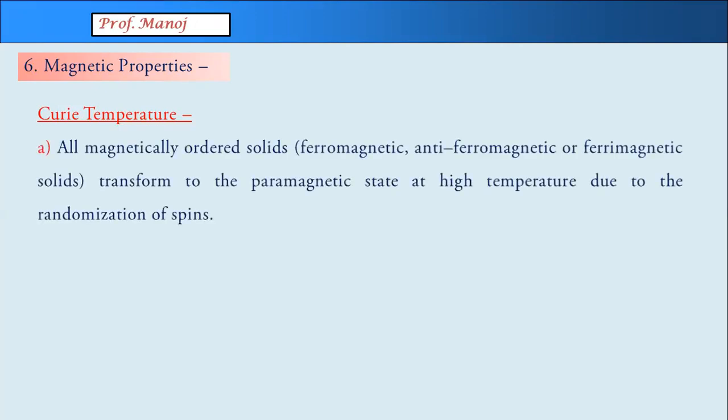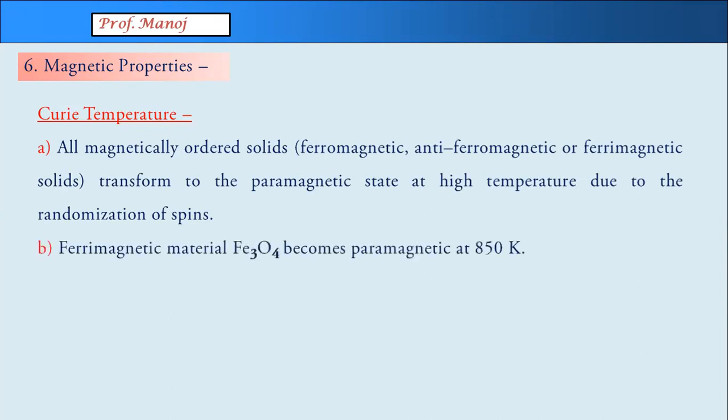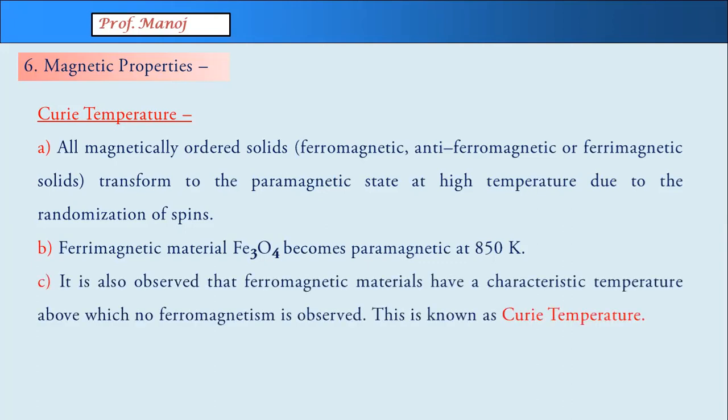They have whatever we have seen right now, ferro, anti-ferro, ferri, whatever, they all can transfer to paramagnetism. Remember this first sentence, very important. Ferro, anti-ferro या ferri all can transform to lower stage paramagnetism due to high temperature. For example, Fe3O4, which is ferri, at 850, if you heat it at 850, it will become paramagnetic.